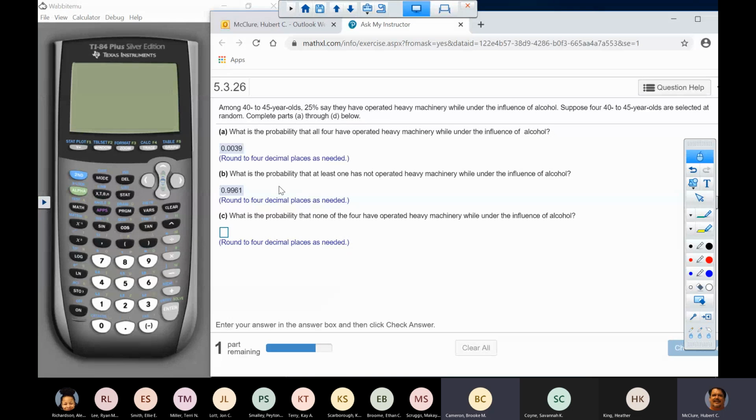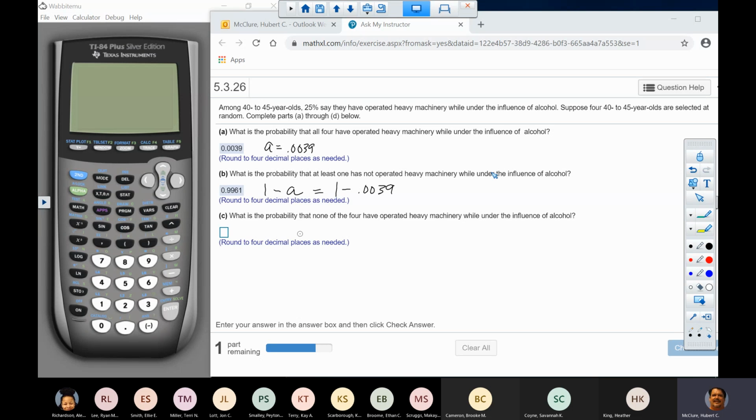So for B, you say 1 minus A. And A is equal to 0.0039. So 1 minus 0.0039.